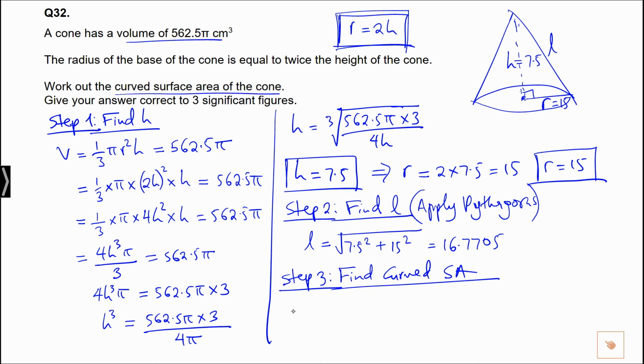The curved surface area will be equal to pi r l. This is in your formula booklet. So pi multiplied by the radius, which is 15, multiplied by the slant height, which is 16.7705. If you plug it into your calculator, the answer will be 790.291. To three significant figures, that's just 790.